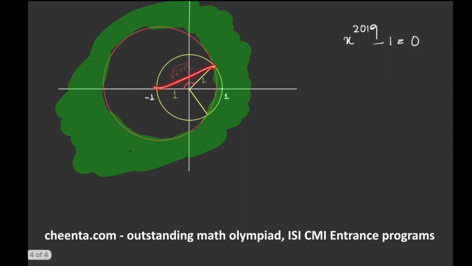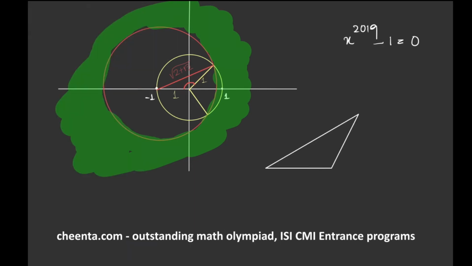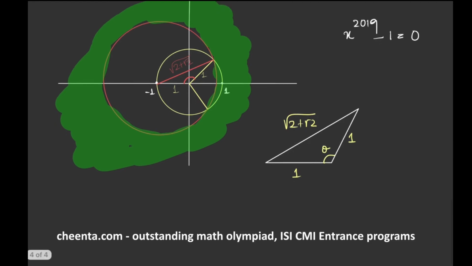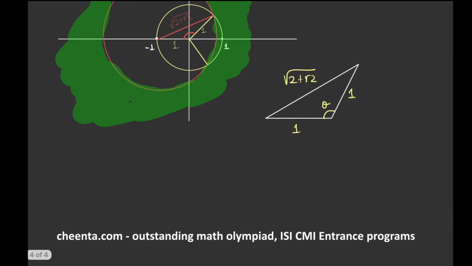Now let's focus on this particular triangle. Let me magnify that and draw that again. So we have a triangle like this. One side has length square root of 2 plus root 2 and the other two have length 1. And we need to find this enclosed angle. And we can do that very easily using the cosine rule.